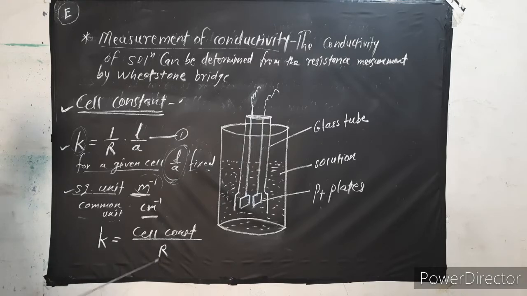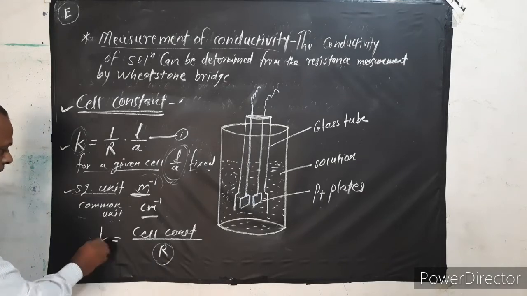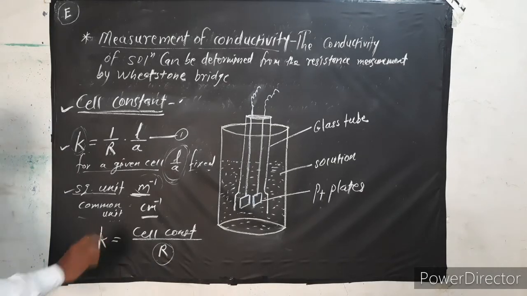These three terms are related with each other. If we know the cell constant and the resistance of the solution, we can easily calculate the conductivity of that solution, because the cell constant is a fixed value for a given cell.